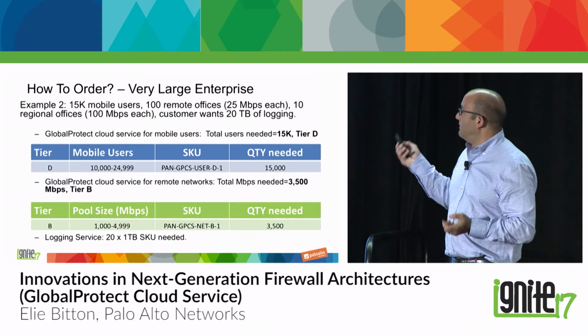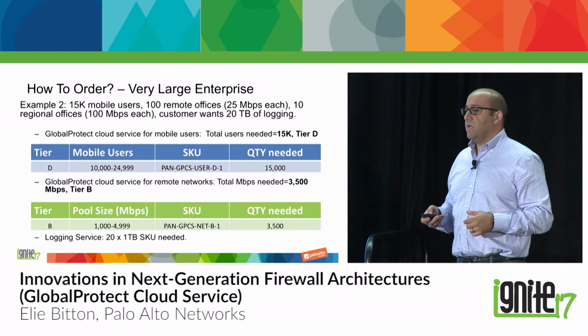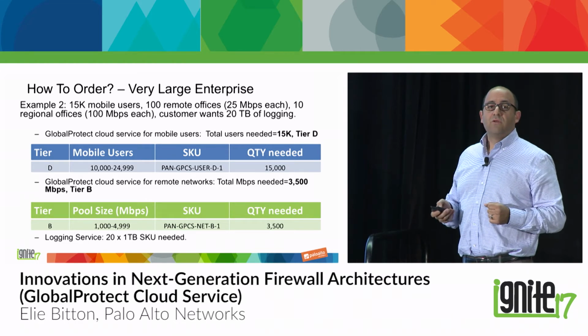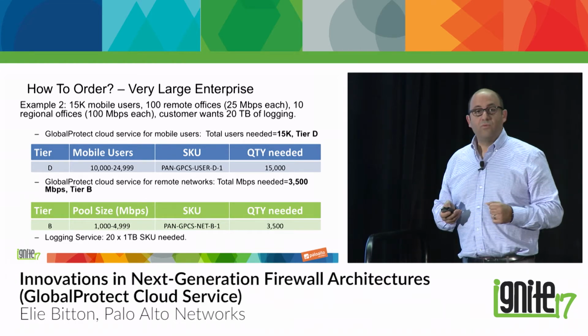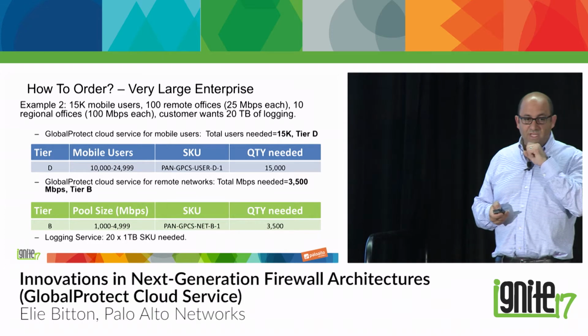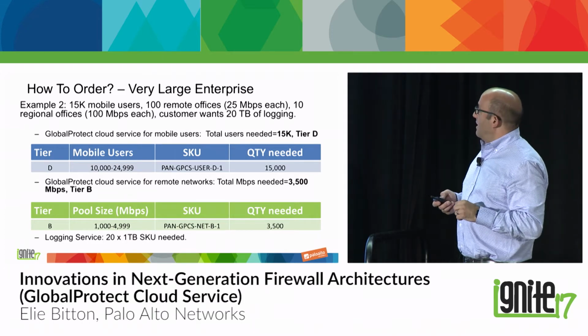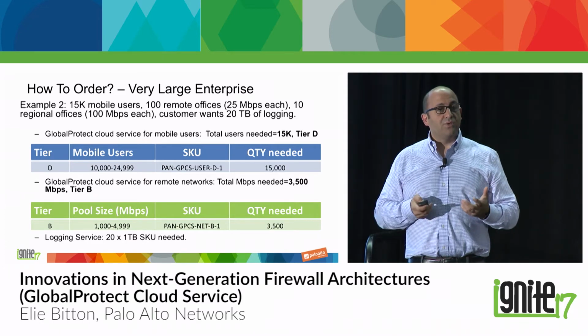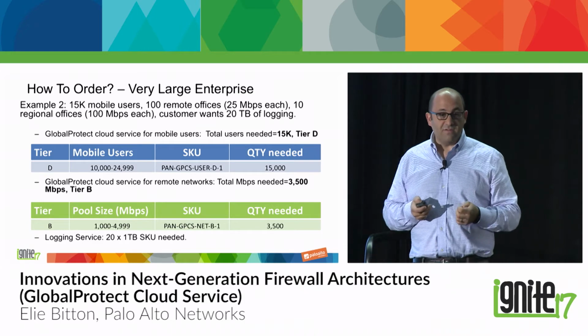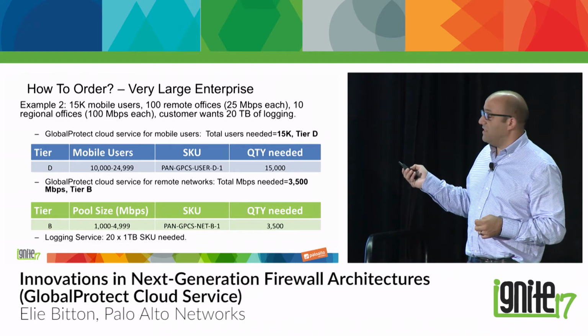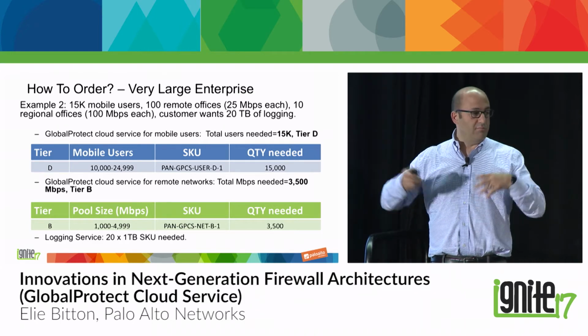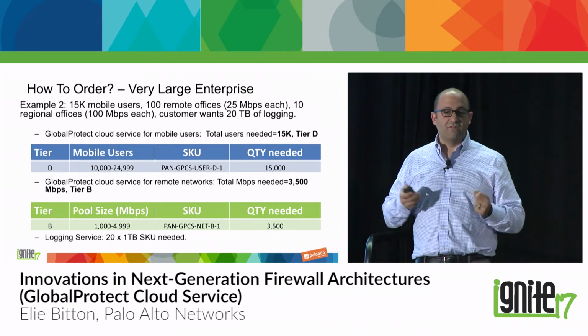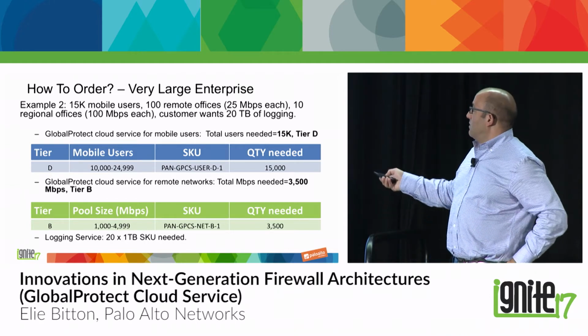Another case here is a very large enterprise, slightly more complicated, where you have 15,000 remote users, 100 remote offices at 25 megabits per second each, 10 regional offices that are slightly larger with 100 meg WAN links apiece, and they decided they need 20 terabytes of logging based on their retention needs, for example. So there's 15,000 users.